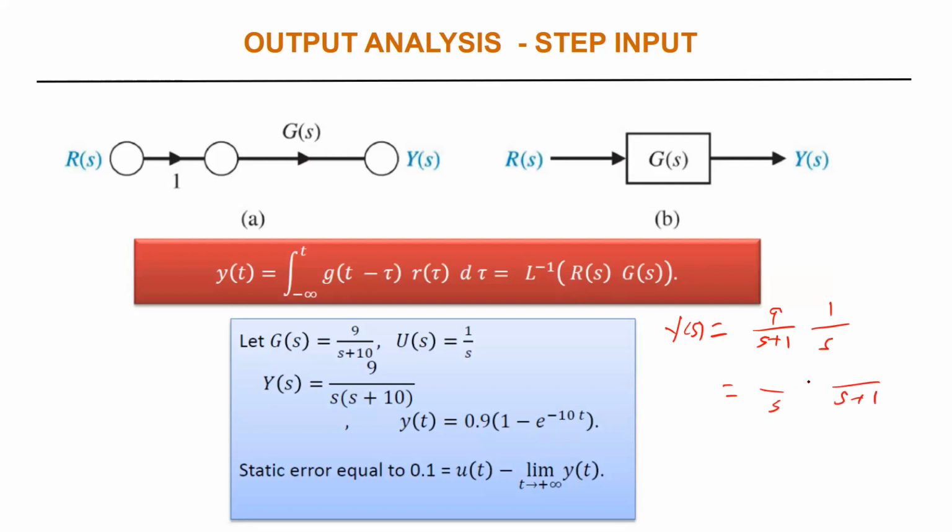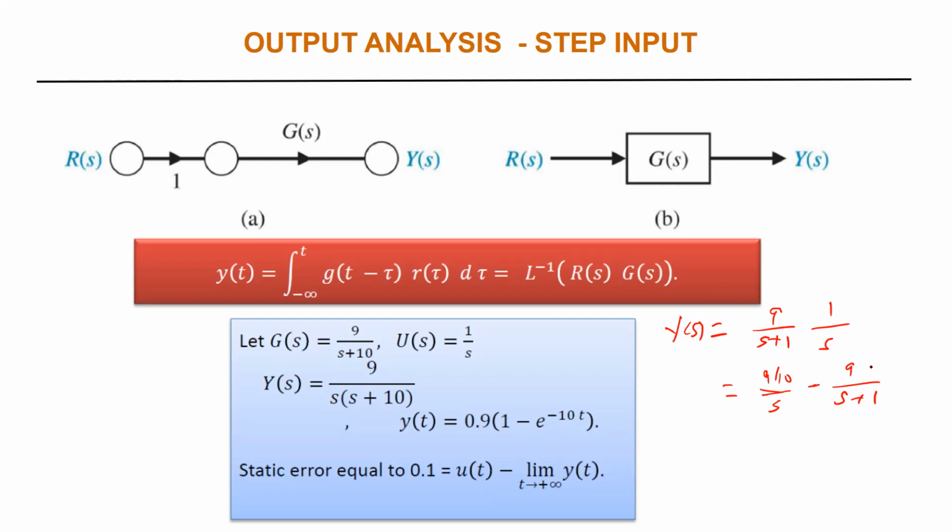What do I have here? A constant, 0.9. The other one, if you eliminate this one, is minus 0.9.